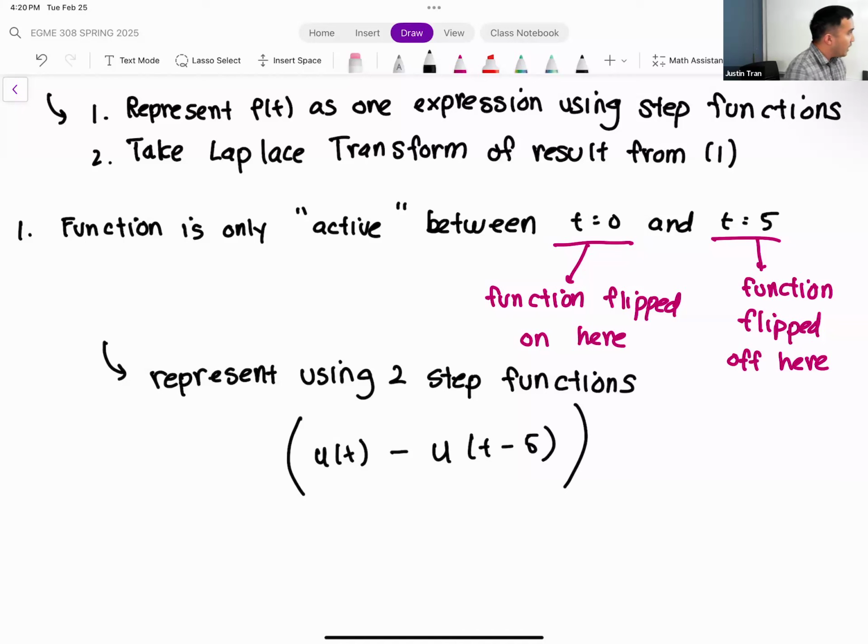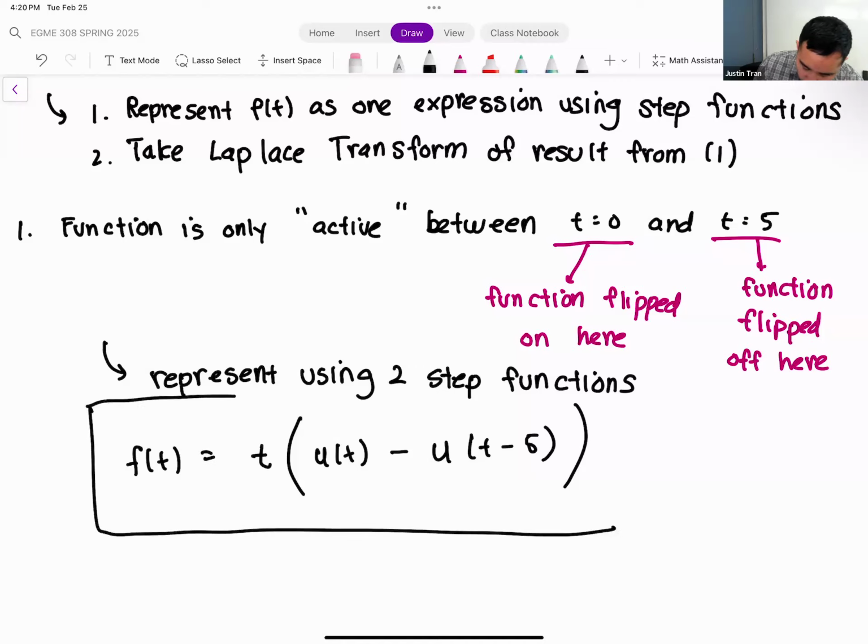And the function that we are modifying here is t, because that's the value of that function in that interval. So this is part 1 of the problem: f of t is equal to t multiplied by u of t minus u of t minus 5.